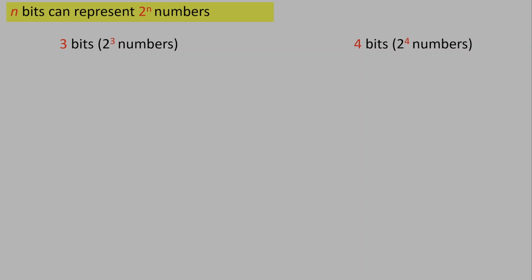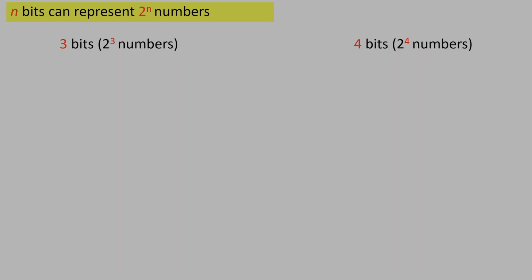Now if we look in the spec, it says that we need to know what n bits can represent 2 to the n numbers means. So in this case, the n is just a variable, a placeholder. We could plug 3 into that n, which gives us 2 to the 3. If we have 3 bits, we can have 2 to the power 3 different numbers, or represent 2 to the 3 numbers.